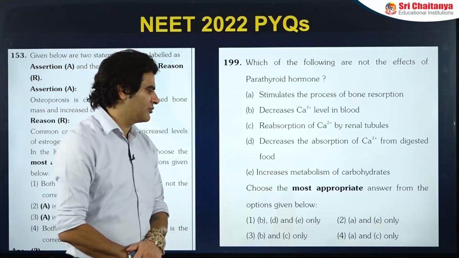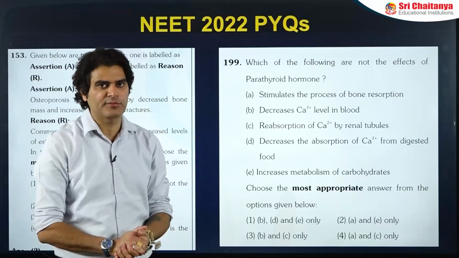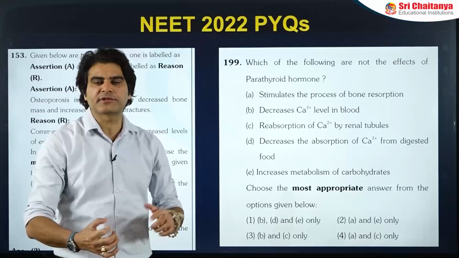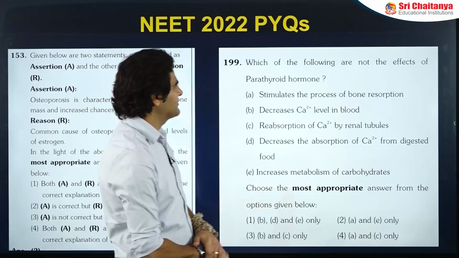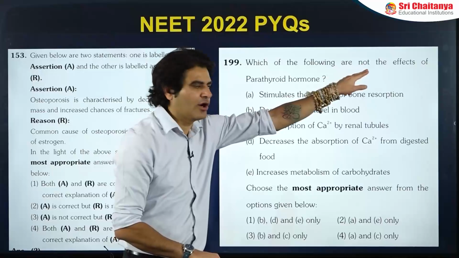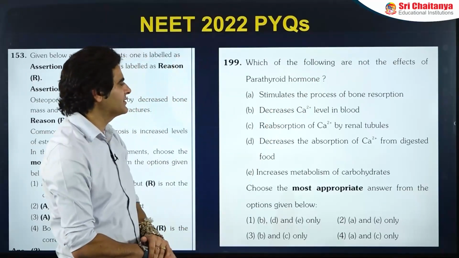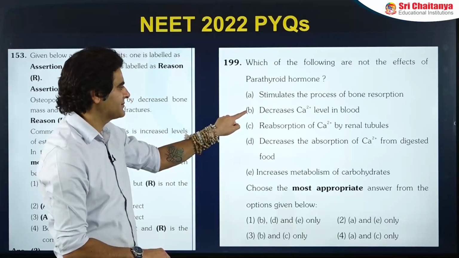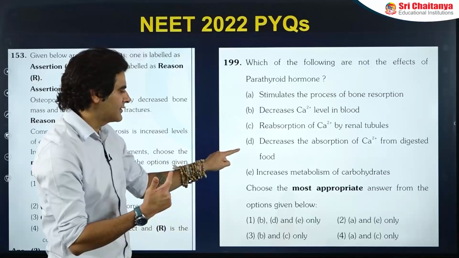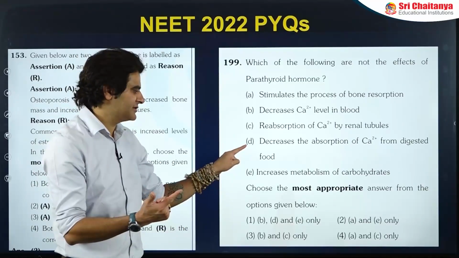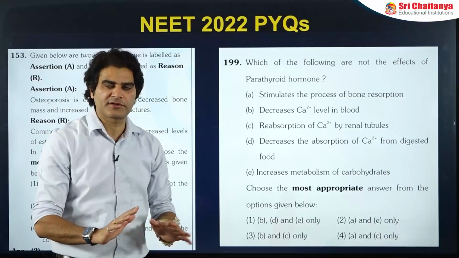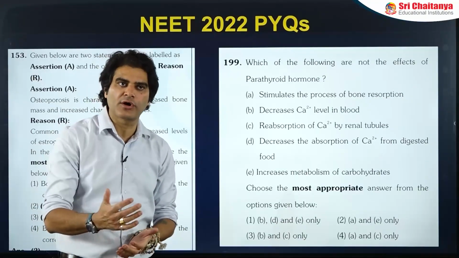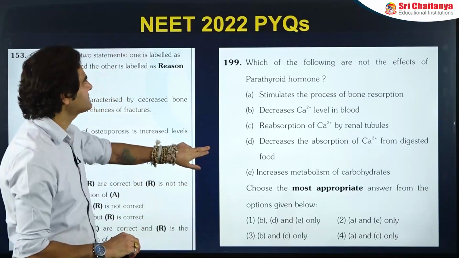Increasing metabolism of carbohydrates, that has nothing to do with parathormone. Parathormone is related to only maintaining calcium homeostasis. So if you have to choose the most appropriate answer about not the effects of parathormone, that will be decreasing the calcium level in the body, B, D, that is decreasing the absorption of calcium, and E, that is increasing the metabolism. These are things which are not related to parathormone action or are wrong with respect to parathormone.